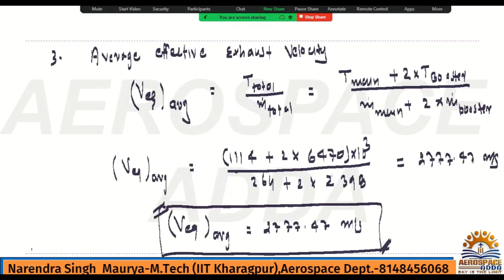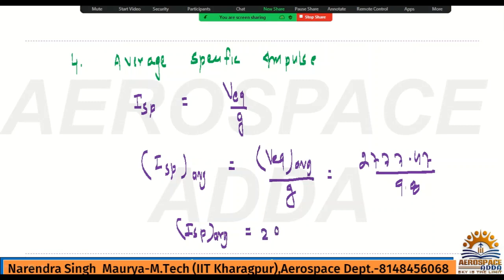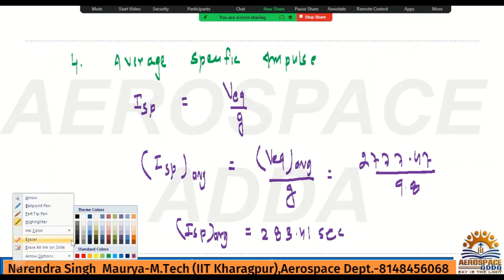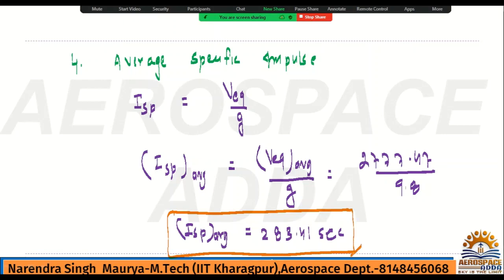What is the average velocity? 2777.47 divided by 9.8. If you do this, you get approximately 283.41 seconds. Done. So this was the problem based on multi-staging, and it was simple. At the same time, each and every step I have explained.